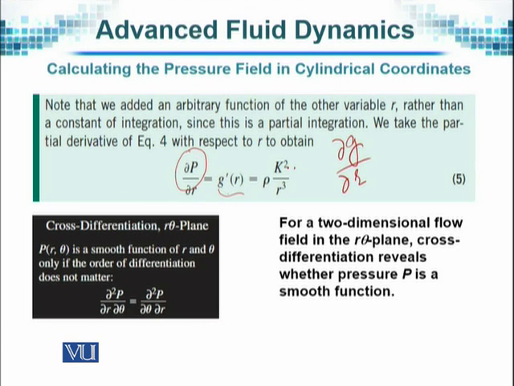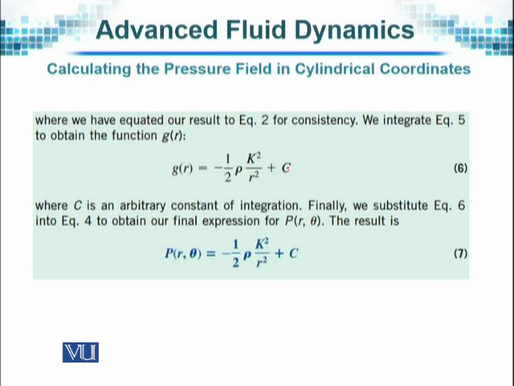And you can see that it is not difficult to find the value of g from here. And g therefore, after integrating, turns out to be this, where C is an absolute constant this time. And when I substitute it into the value of P, then P of r, theta is equal to minus 1 by 2 rho k square over r square plus C, where C is an absolute constant.